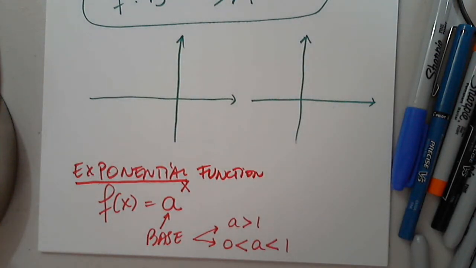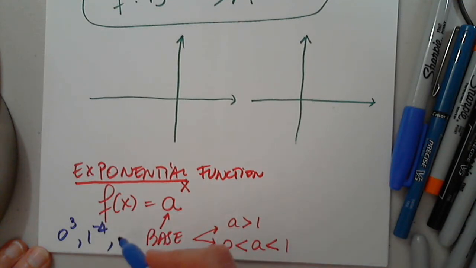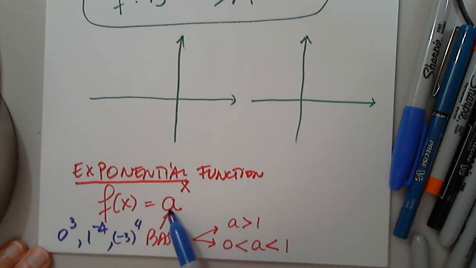And you can ask why. Why can't I take 0 to the third power? Why can't I take 1 to the -4? And why can't I take -3 to the fourth power? Why can a not be 0, why can a not be 1, and why can a not be a negative number? Well, 0 to the third power is 0. 1 to the -4 is 1 over 1 to the fourth, which is still 1.